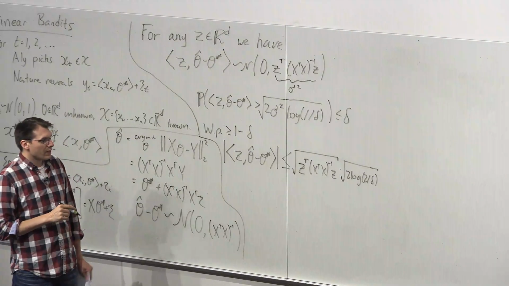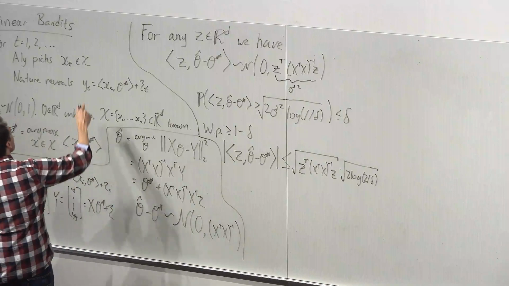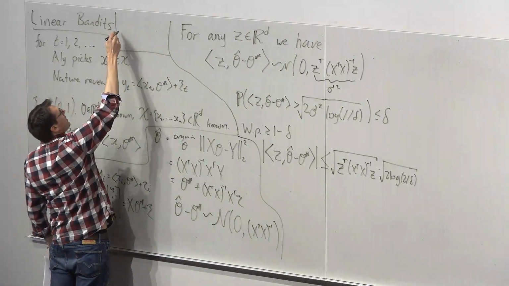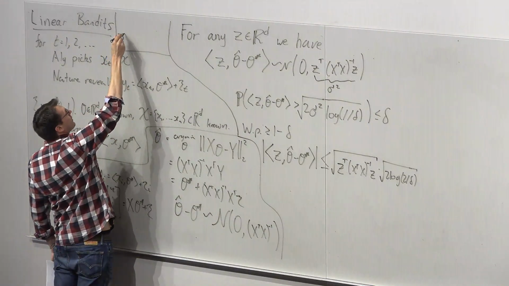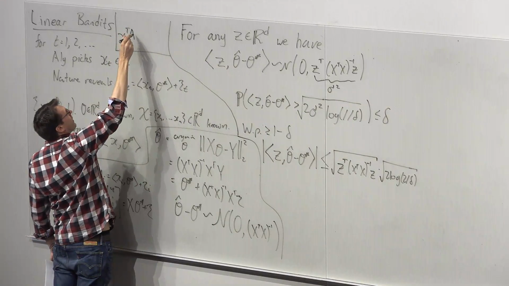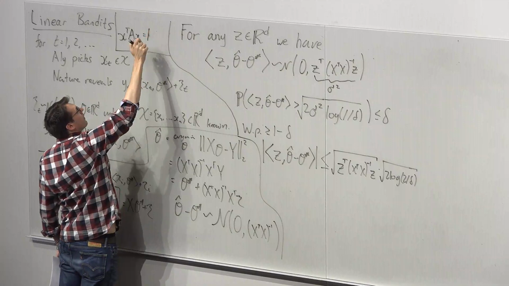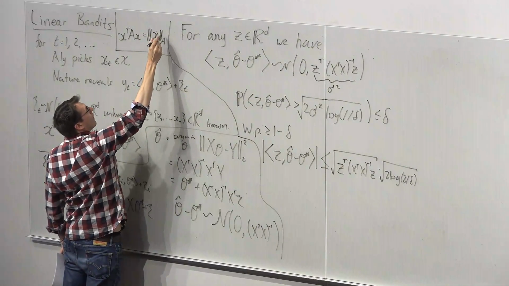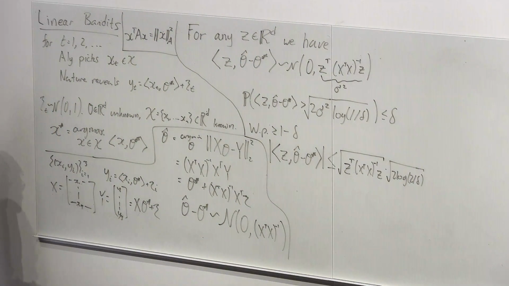Okay. Now this quantity, I'm going to use some notation here. The notation is for any vector x, x transpose A x is equal to the norm of x squared, subscript A. This is sometimes known as the Mahalanobis distance or norm.